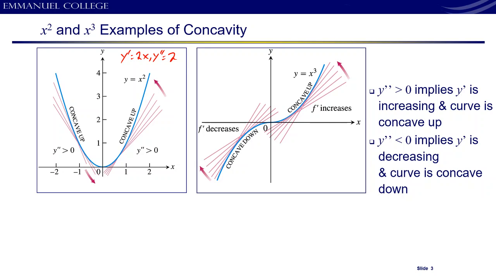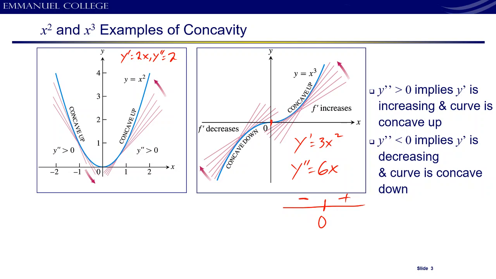Versus if we look at y equals x cubed, then y prime is 3x squared and y double prime is 6x. So at 0, to the left it's negative, and to the right it's positive. To the left of 0, which you can see here, it's concave down, and to the right of 0, it's concave up.